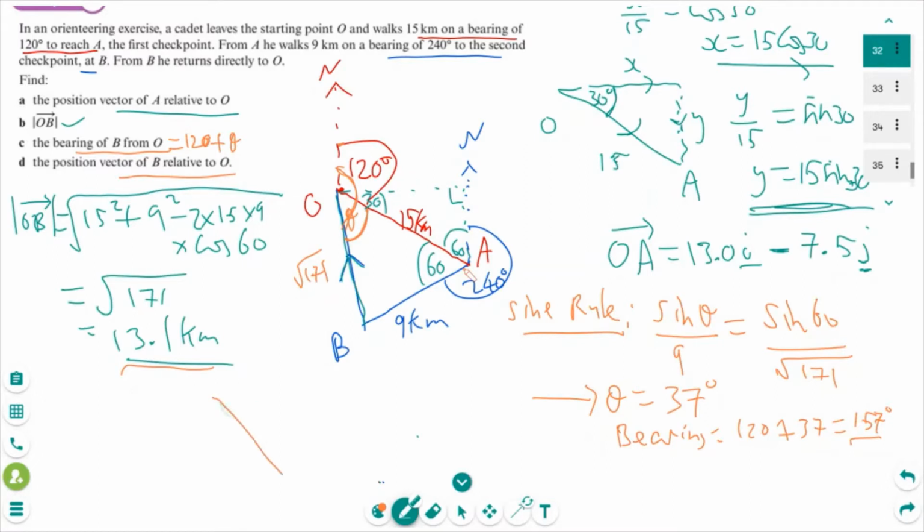We want to know how far to the right and how far down.